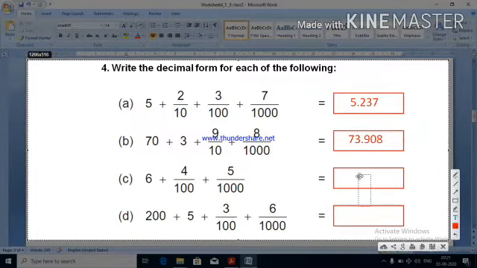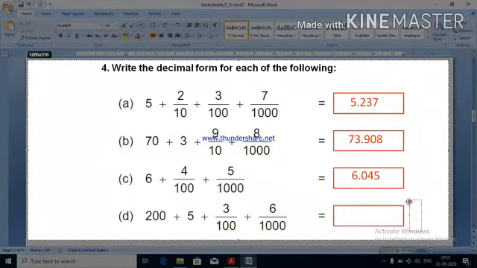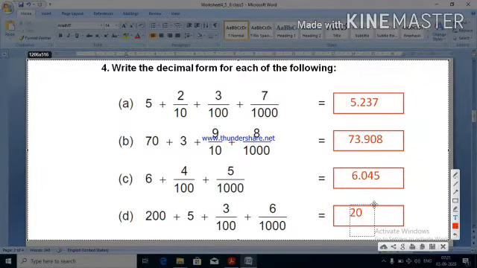Okay, it is 6.045. Next one, 205.036. Like this we have to complete.